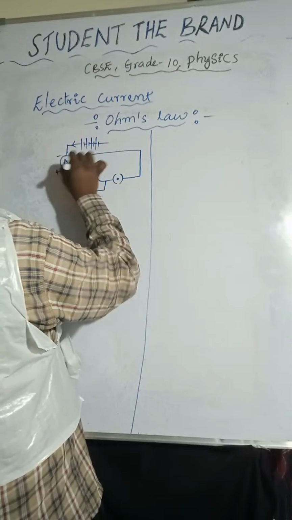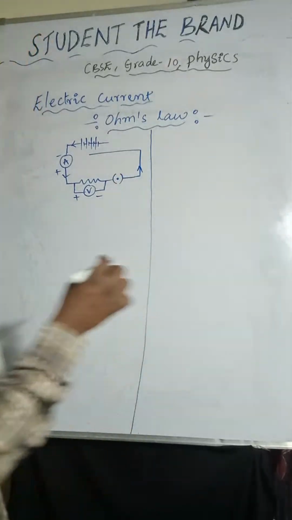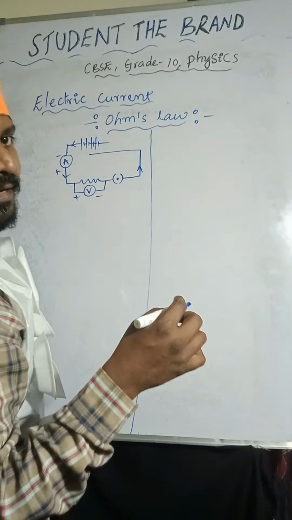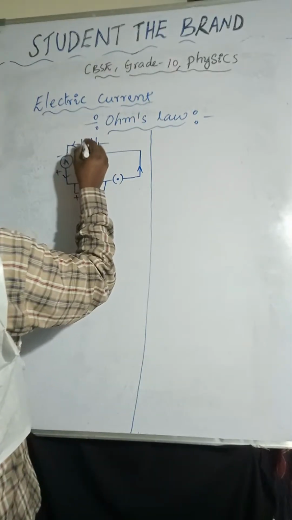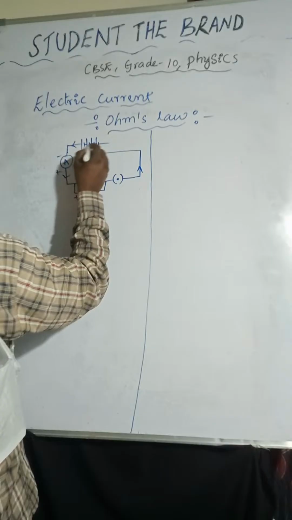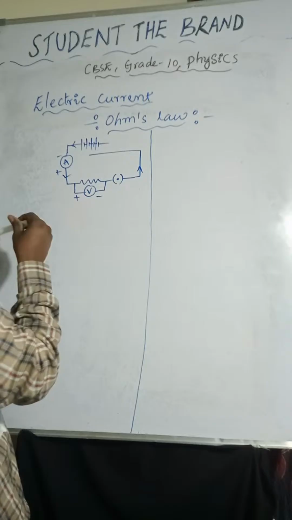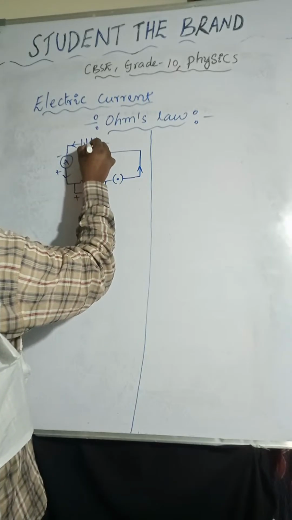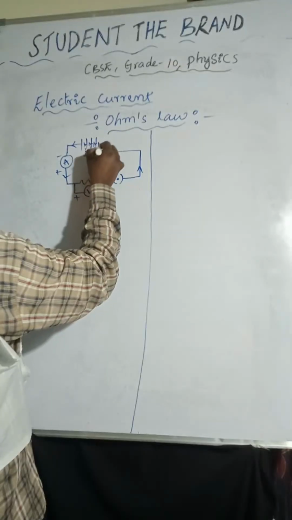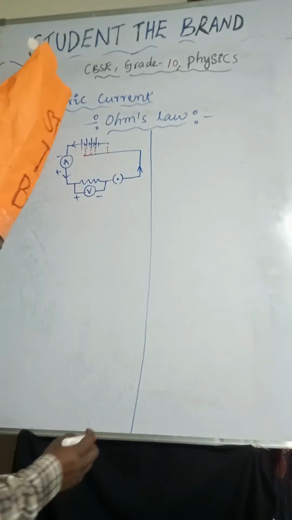Current always moves from the positive terminal to the negative terminal, according to the definition we are considering. Here there are 4 cells, and you have to connect them one by one: first one, next two, next three, and likewise.